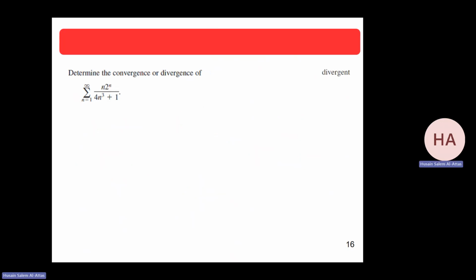Okay, let me do more. Determine the convergence or divergence of this. I have n 2 to the power n. I'll take my comparison series, n 2 to the power n over n cubed.